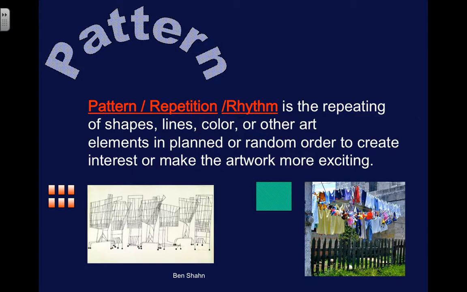Then we have pattern, and pattern, repetition, and rhythm is the repeating of shapes, lines, colors, or other art elements in planned or random order to create interest or make the artwork more exciting.